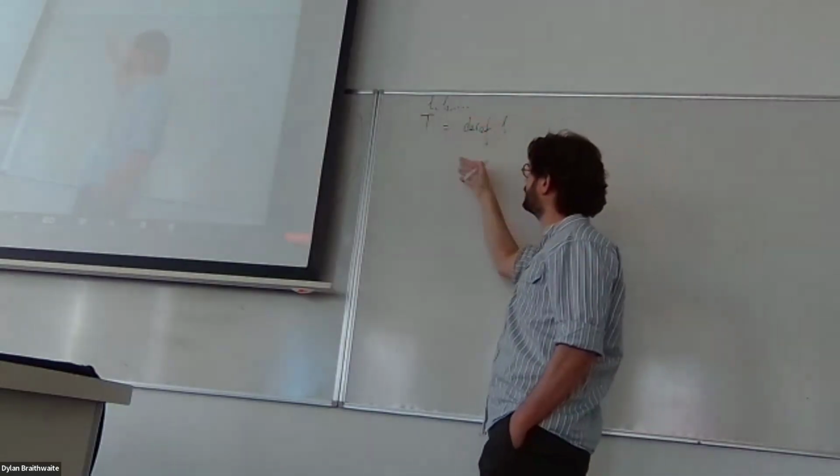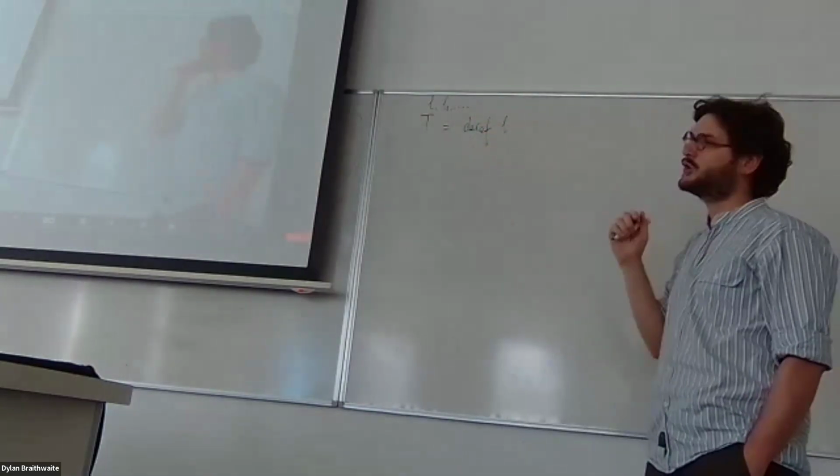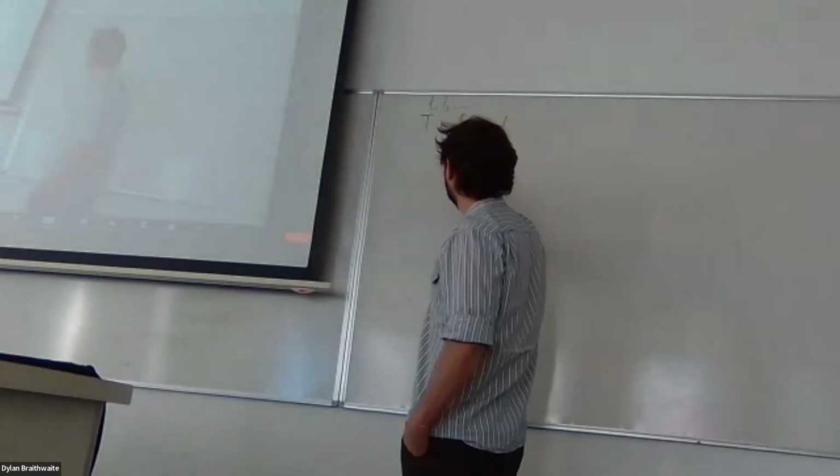Then if you want to try to prove the properties of these types of programs, you end up with something that looks a bit like Hoare triples.